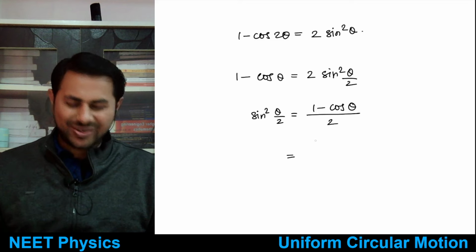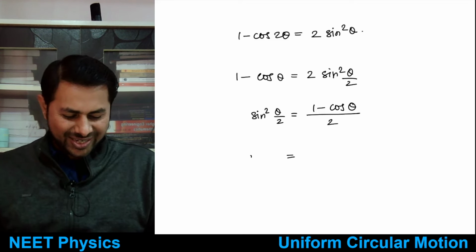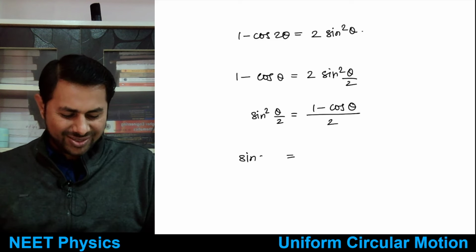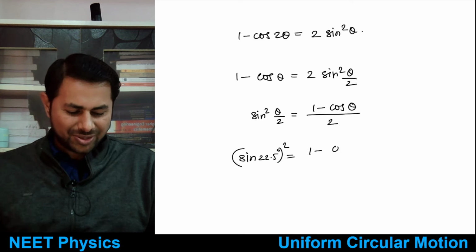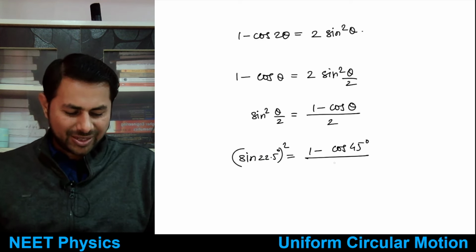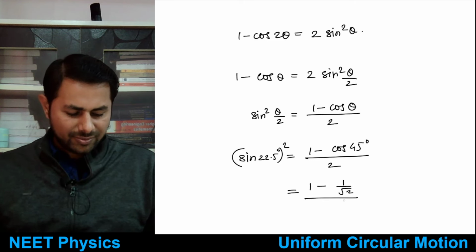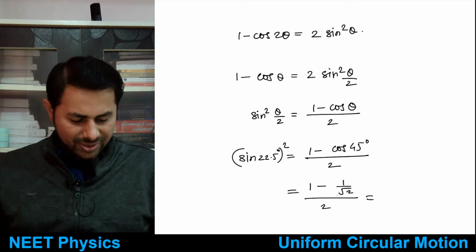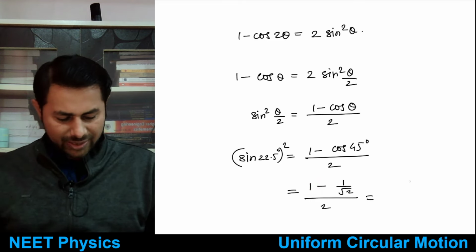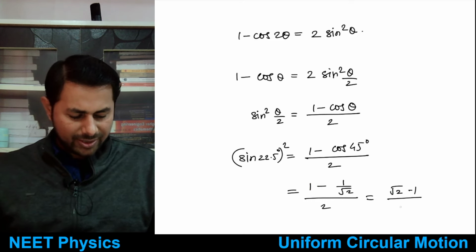So your theta by 2 will be equal to 22.5 degrees, right? So you have sine square of 22.5 degrees equal to 1 minus cos of 45 degrees divided by 2, and this is 1 minus 1 by root 2, divided by 2.